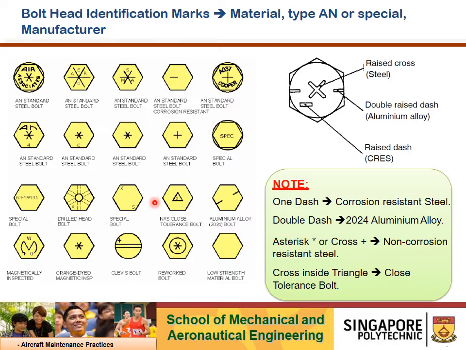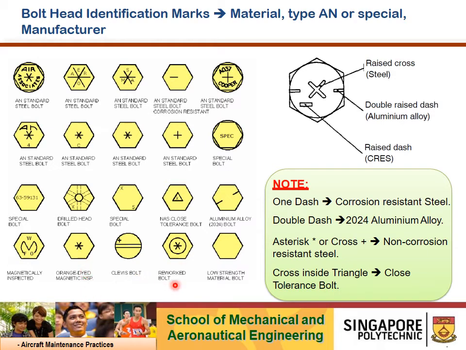These types of bolts are normally more expensive than any other normal AN standard bolt. And then you have orange dye magnetic inspected bolts. These are also bolts used on critical installations, can be on the engine itself. And definitely it is a ferrous material because it's magnetic.